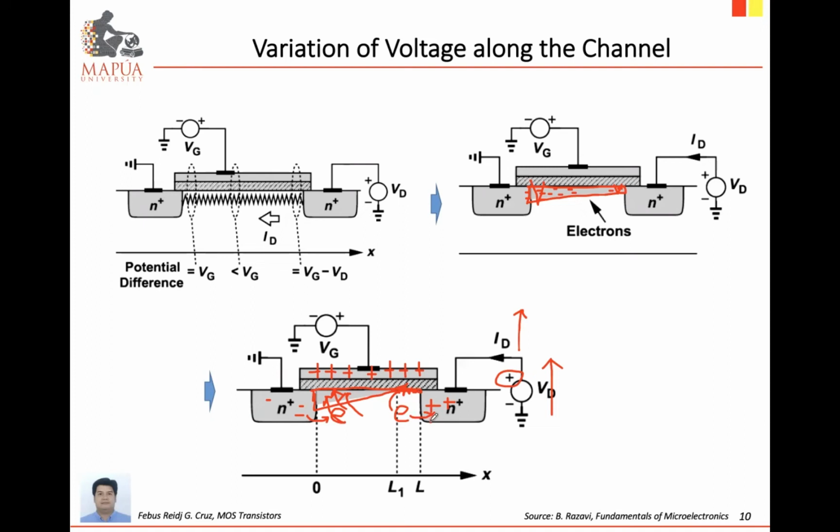Kumbaga nagkakaroon dyan ng counteraction, no? Between the positive potential applied by the gate and the positive potential applied at the drain region. That is why the number of electrons near this area would become lesser compared to the number of electrons near the source region. Okay, is that clear? Yes, sir. All right, thank you.